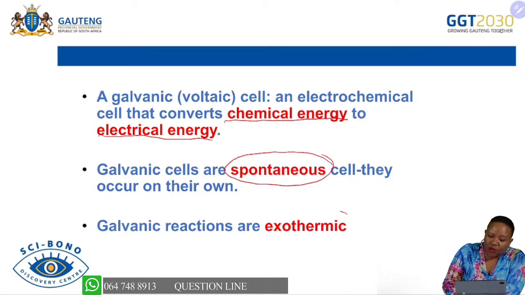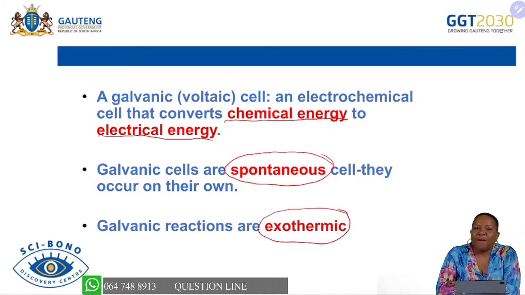Therefore, these kinds of reactions are exothermic, meaning that they release energy in the form of electrical energy. Immediately when we say this reaction is exothermic, we can relate it to Le Chatelier's principle.